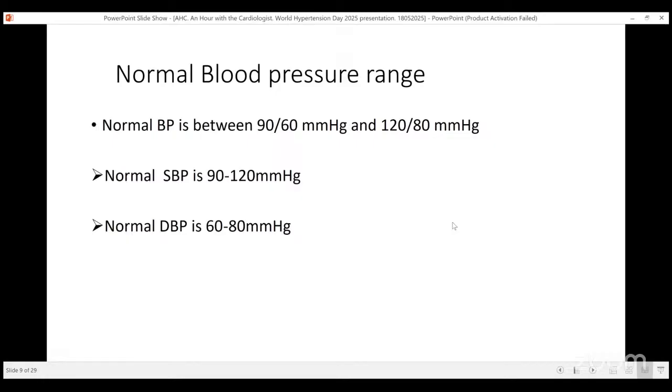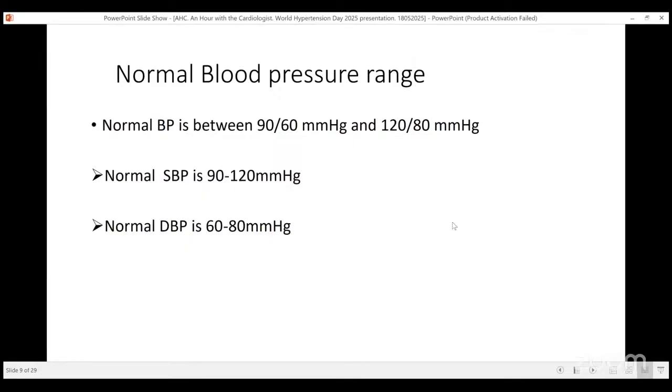All right, normal blood pressure is between 90 and 120 over 60 and 80. So the systolic is usually between 90 and 120, and the diastolic between 60 and 80.